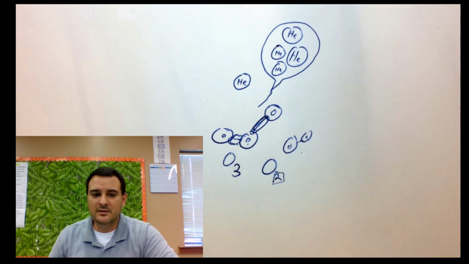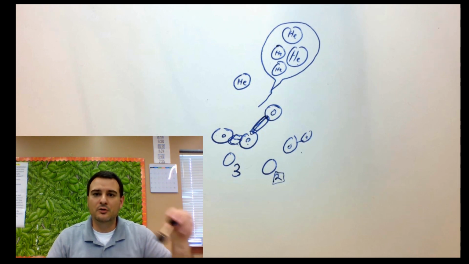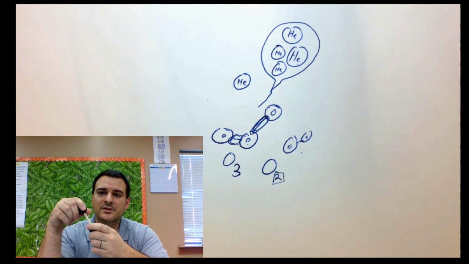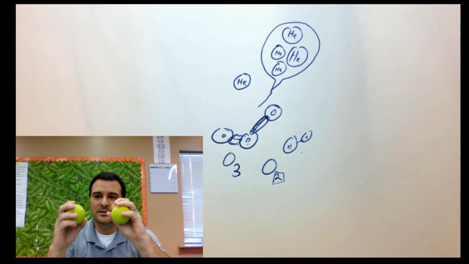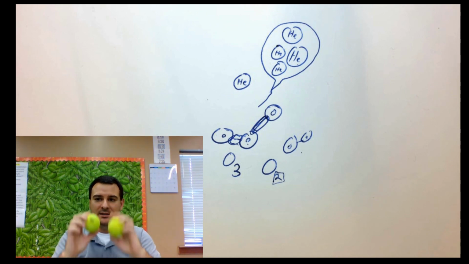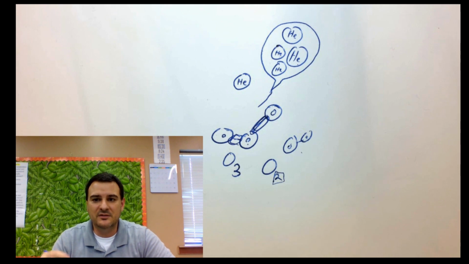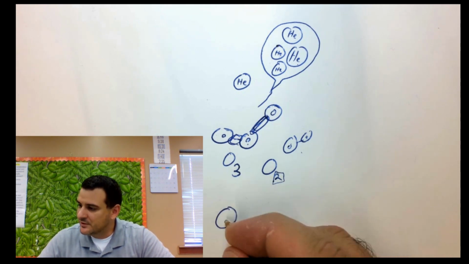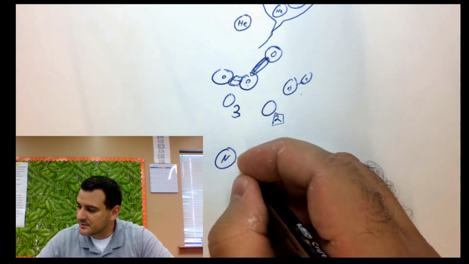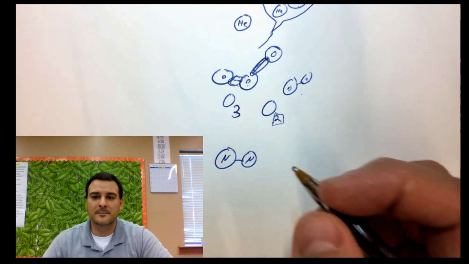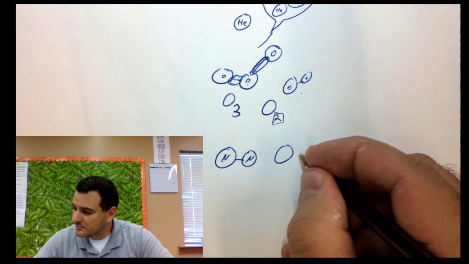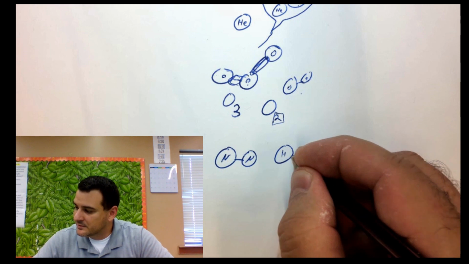So here's another model of O2. Notice that I can't use these 2 tennis balls because I have to have the bond in between them. Other gases also bond with themselves. Nitrogen's found in the atmosphere, and it bonds with itself. H2, hydrogen, bonds with itself.